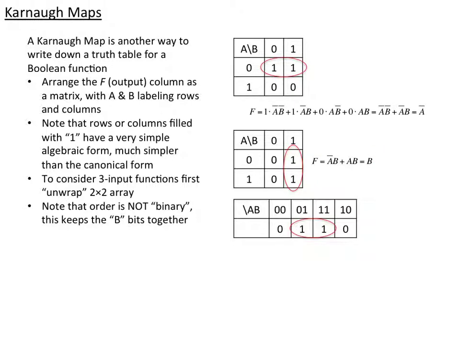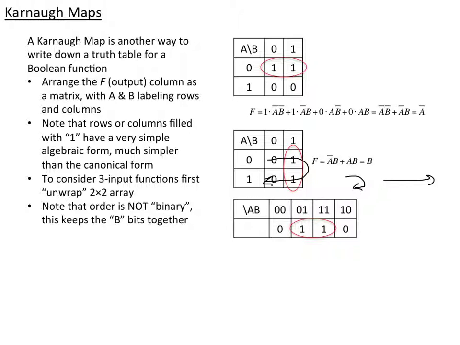So that works fine for 2 inputs. How can I go to a bigger set of inputs? Well, consider this function, and I'm going to redo it. If I go around in an order like this, and then unroll that to go straight across like this, I get the result like this.